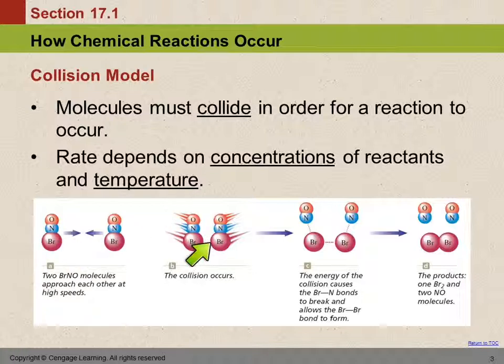A collision occurs, and then as a result of the energy from the collision, existing bonds are broken, which makes way for new bonds to form. These atoms here are covalently bonded to each other. It's a pretty strong force holding those atoms together. And in order for them to react and form a new molecule, we have to break the bonds that are existing.